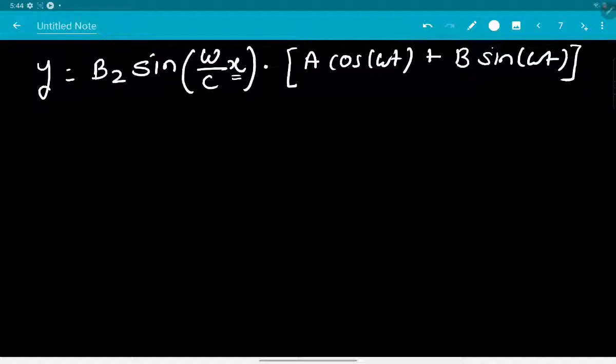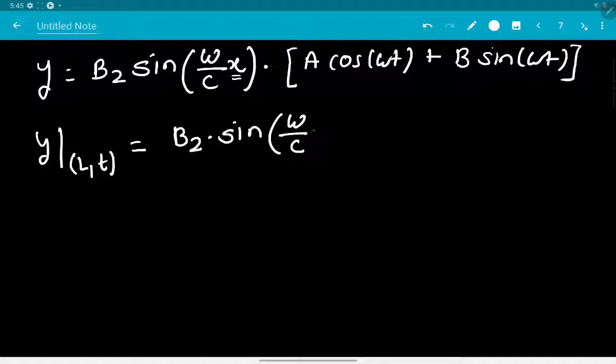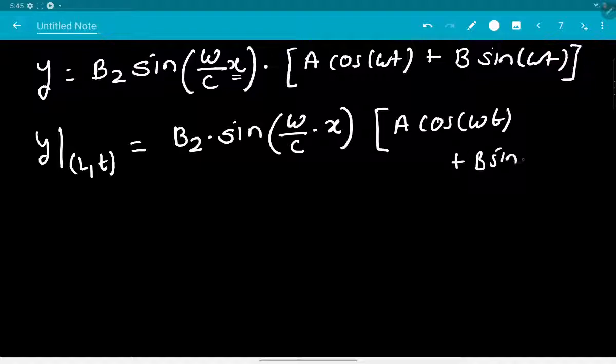Now you will be evaluating this y at x equal to L and all time t, and if you do so, you get b2 sine of omega by c times L times A cosine omega t plus B sine omega t, and all this stuff should be equal to 0.